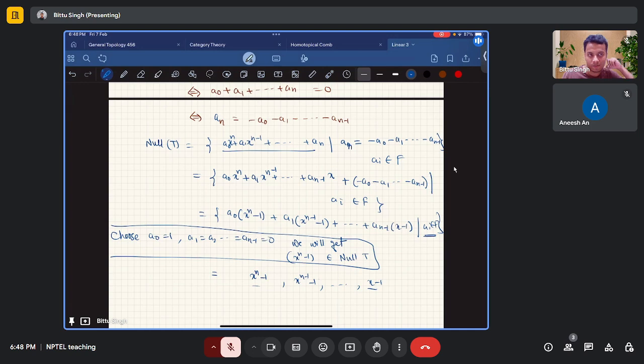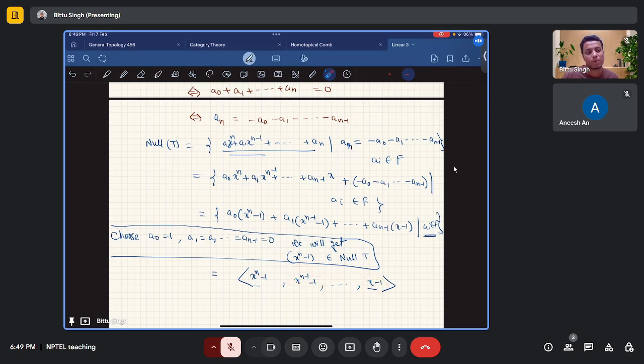There are n elements, n polynomials, and any polynomial from the null space can be written as a linear combination of those n elements. Therefore, this is the basis of the null space. We can easily check that those are linearly independent because here the degree is n, here the degree is n minus 1, and here the degree is 1, right?